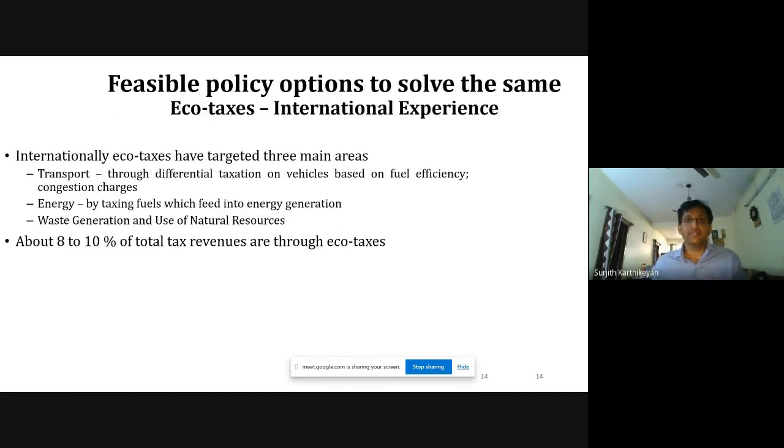Now, evidence of environmental fiscal reforms. Internationally, eco taxes are targeted at three main areas, mainly transport, energy, waste generation and use of natural resources, and around 8 to 10% of the total tax revenues are collected through eco tax.